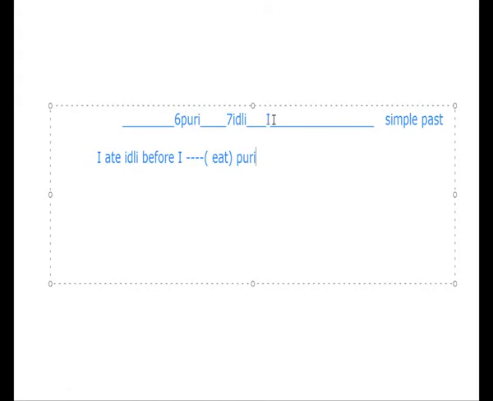My standard point is always present. I always see things from here. I'm standing here and looking: this is past and this is past to the past. Past is always expressed in V2 form and past to the past is always expressed with had plus V3 form. Take it for granted, you remember. So what is the correct form here? Eaten.